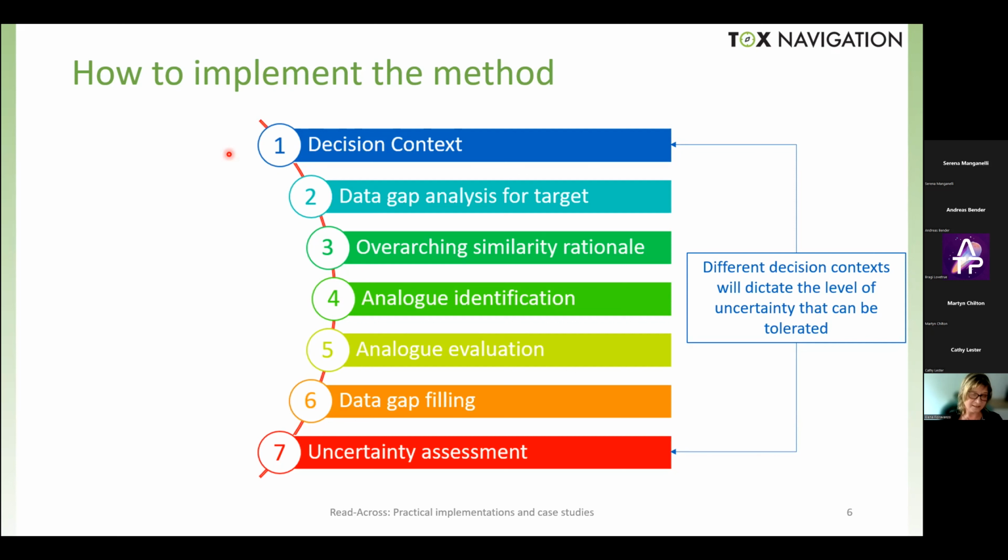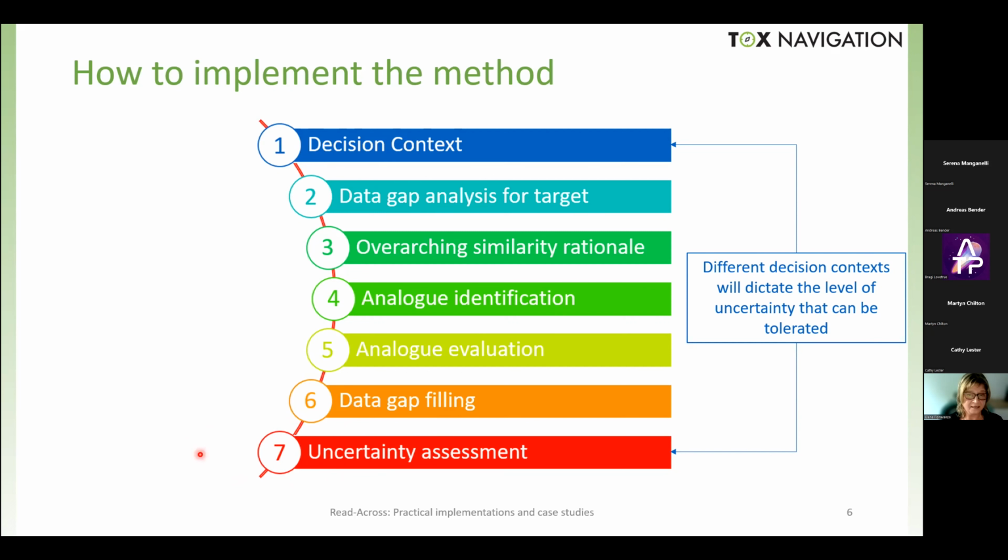So decide what you want to do with your number, and then this application will determine the level of uncertainty that you can assess. And we will see how you can assess the uncertainty level of your prediction.